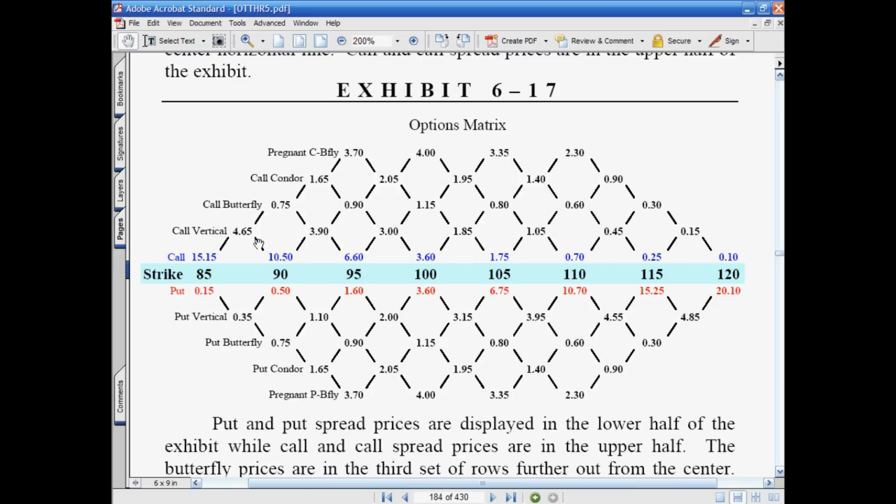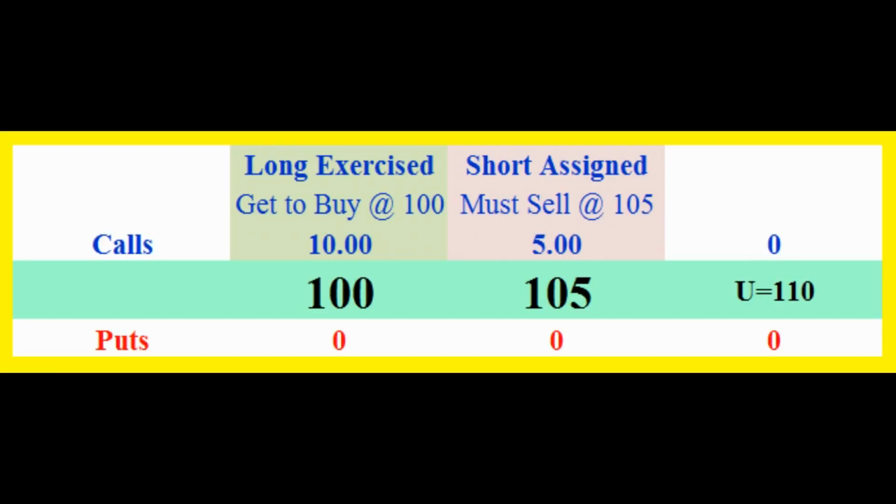But what's going to happen? At expiration, you're going to automatically exercise your in-the-money calls, and you're going to get assigned on your other in-the-money calls that you're short. And what it's going to mean is that you're going to get to buy the stock $5 cheaper than where you're going to sell it.